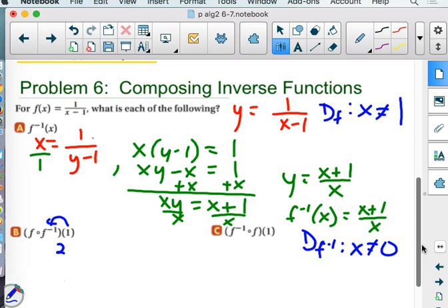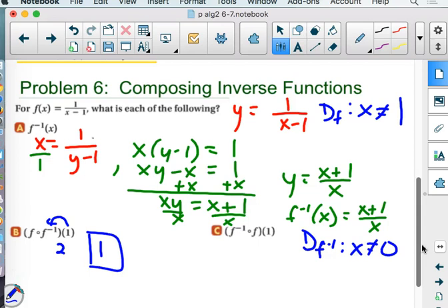Yes. 1 over 2 minus 1. Now what does that say? It says we put it into f inverse and f, and we got a 1. And what was x in the first place? It was 1. We got it right back.